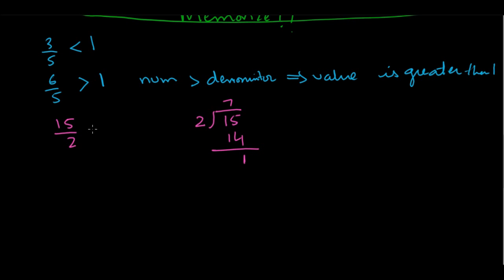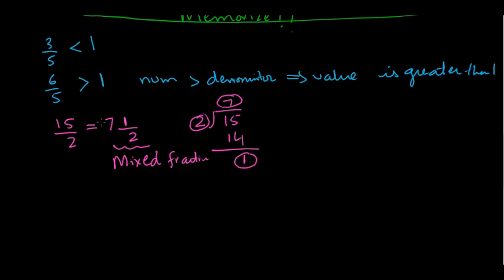So I can rewrite this fraction like this. The quotient, remember the quotient from last lecture, of this division comes here in front. The remainder goes here as the numerator, and the divisor, the number that was dividing 15, goes here in the denominator. This is known as a mixed fraction.